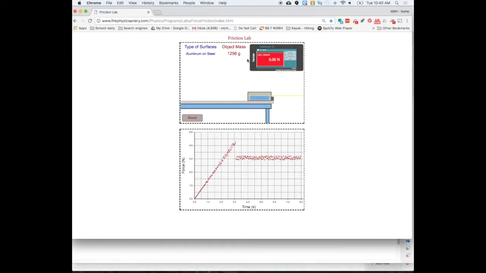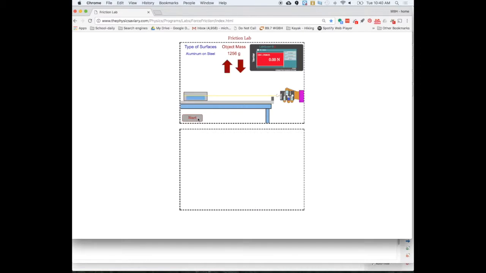I have a variety of different things, and I'm going to try aluminum on steel. We've got our Vernier probe, and we're going to apply a force.